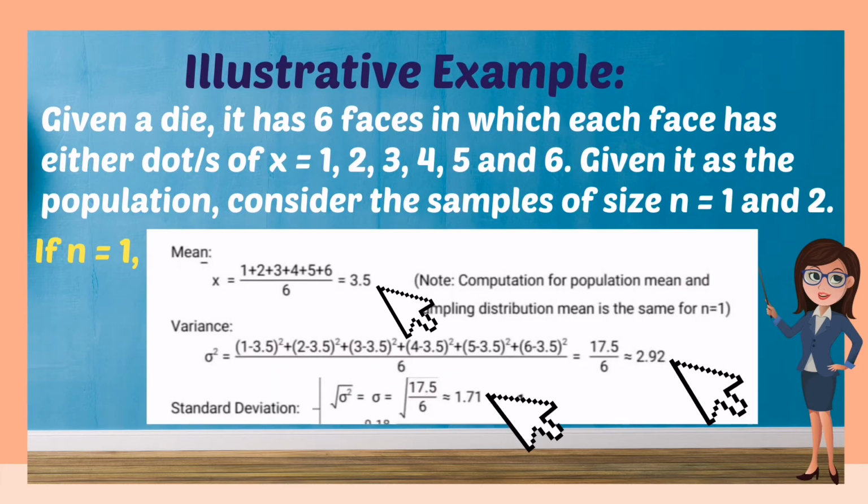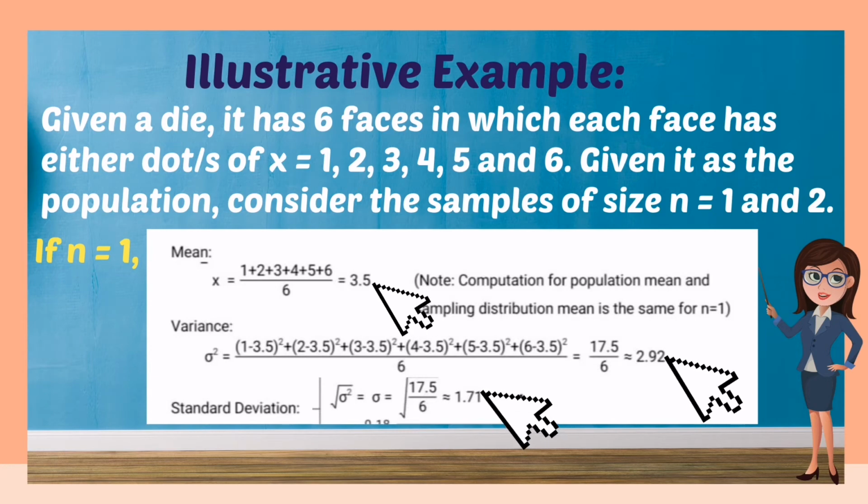So to get the mean, we have the summation of x over n, which is 1 plus 2 plus 3 plus 4 plus 5 plus 6 all over 6. So that will become 3.5.